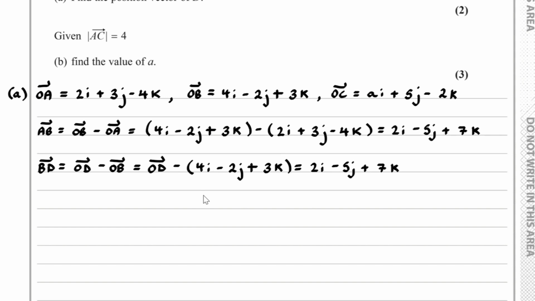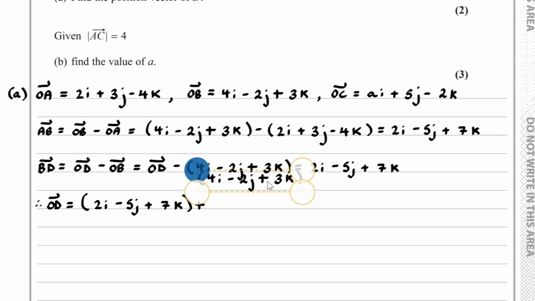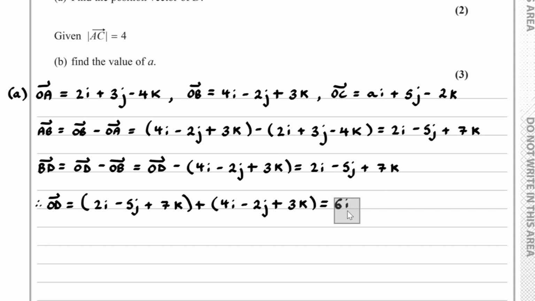So, to find out what OD is, that will equal this vector here plus this vector here. And when we work this out, it turns out we get 6i minus 7j plus 10k. So that's the vector OD.